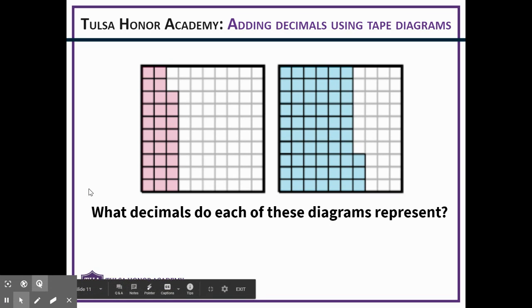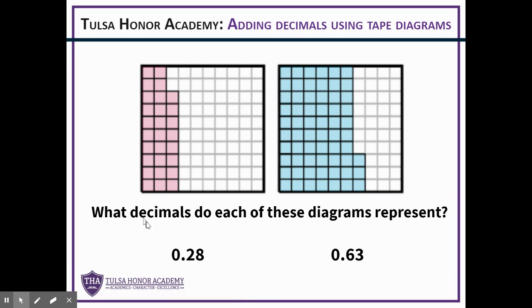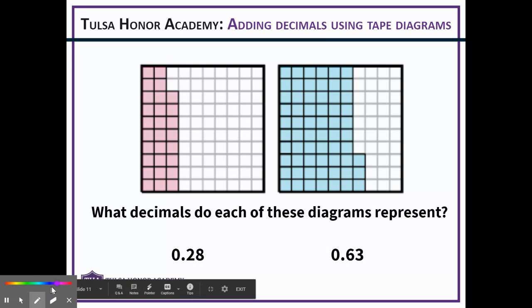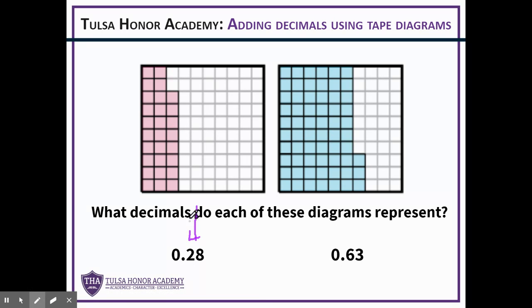Alright, so for our answers, we should have gotten that this diagram represents 0.28, so 28 hundredths, and then this diagram represents 63 hundredths, or 0.63.